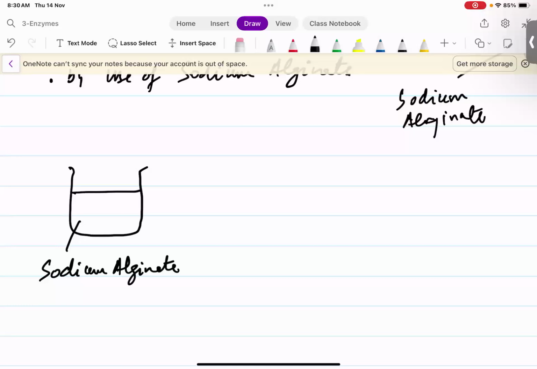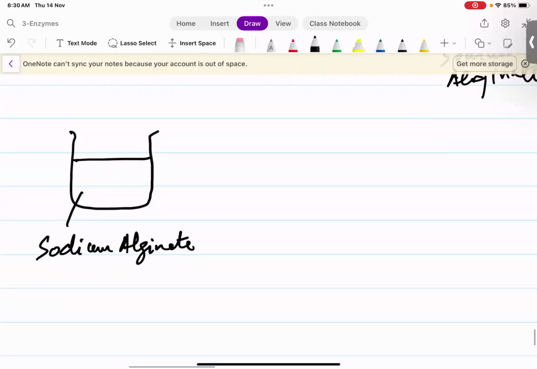The sodium alginate is a jelly-like substance. This is a clear substance that is prepared by heating a powdered sodium alginate after dissolving into the water.